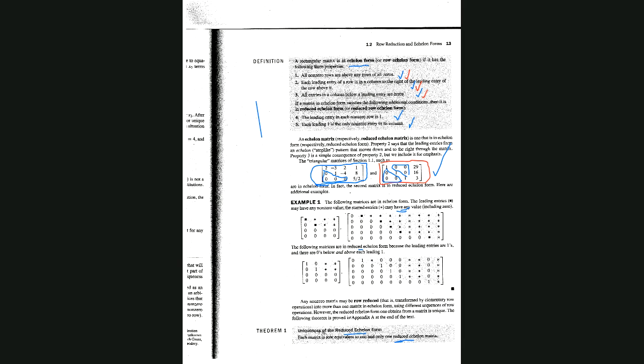People could have different answers and still satisfy the echelon form. This is why we generally like to get the matrix in reduced echelon form, because it's unique and everybody has the same matrix. Okay, so that's just a little background on that.